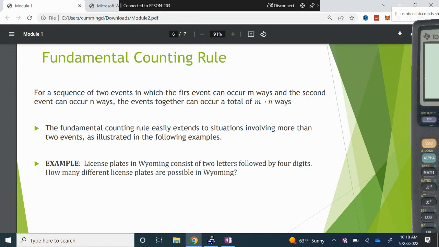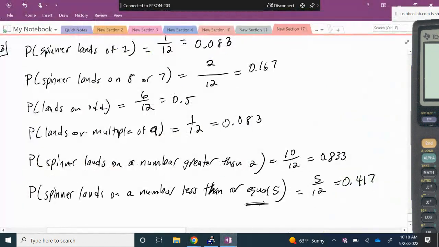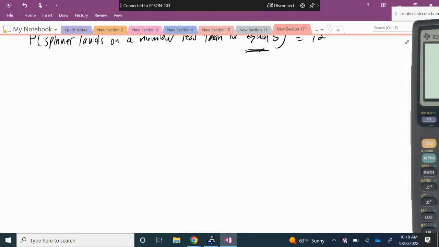The fundamental counting rule easily extends to situations involving more than two events, as illustrated in this example. And this is a license plate example. It says license plates in Wyoming consist of two letters followed by 4 digits. How many different license plates are possible in Wyoming? So this is an example.